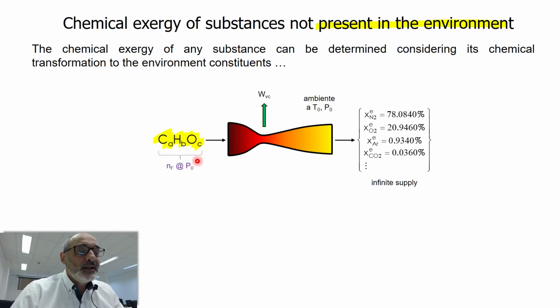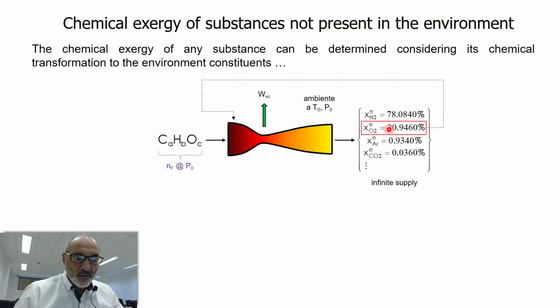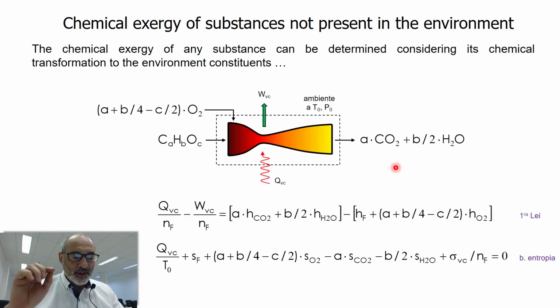So the idea is that I'm going to use some of those components, oxygen for instance, since the environment has an infinite supply of oxygen. I'm going to allow this oxygen to react with fuel in order to generate components that are present in the atmosphere. So that's what's going to happen.